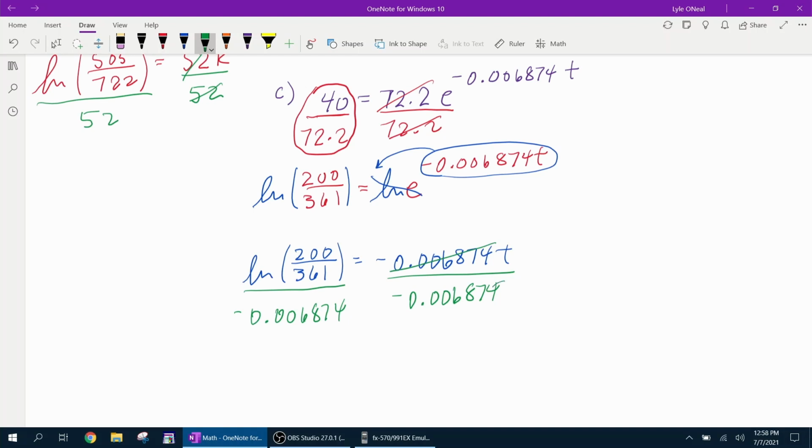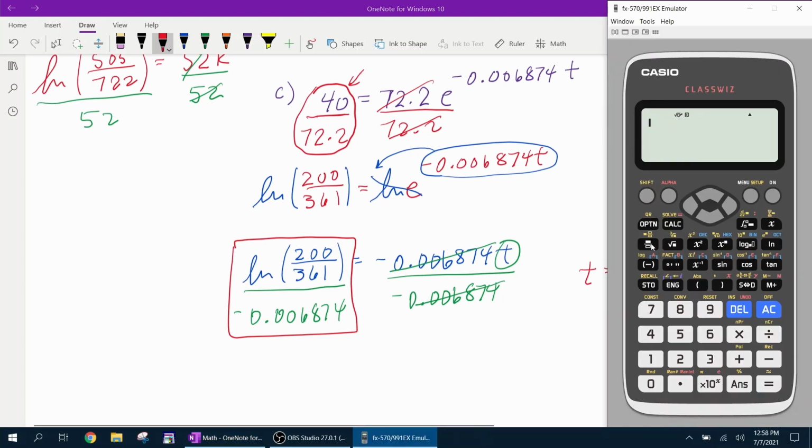That's going to get those to cancel, which is going to isolate our t. And then we simply need to put all of this in the calculator to find out how long it's going to take for the percent of married adults to reach 40%. All right, so here we go again with a fraction to start off with.